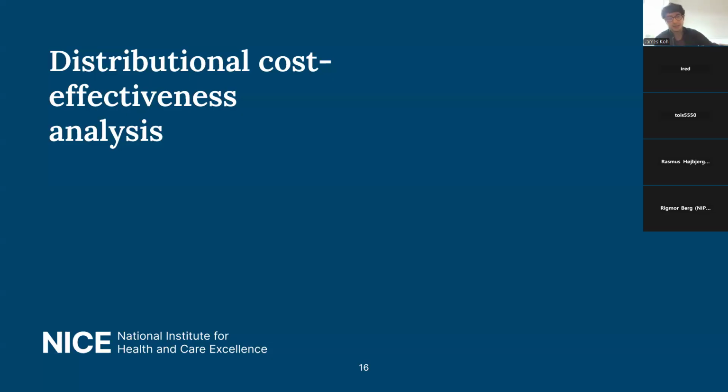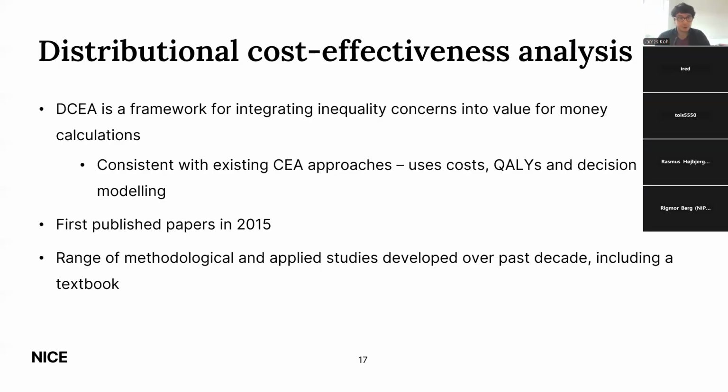Okay, so now I want to talk about distributional cost effectiveness analysis. In short, this is a framework, an extension to cost effectiveness analysis that integrates inequality concerns. You start off with your cost effectiveness analysis, and then you can potentially build a distributional cost effectiveness analysis on top of it.